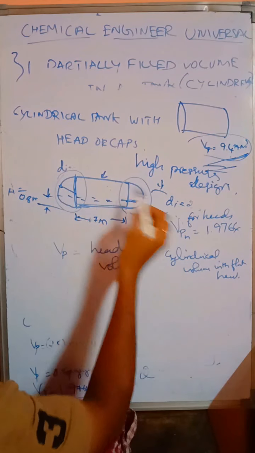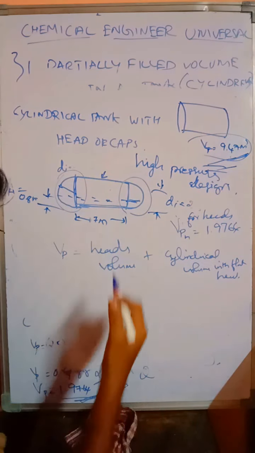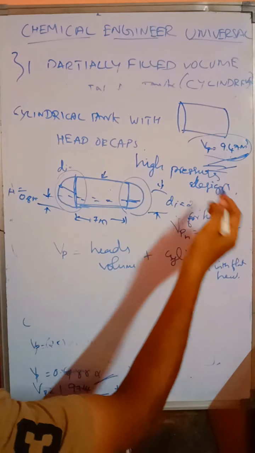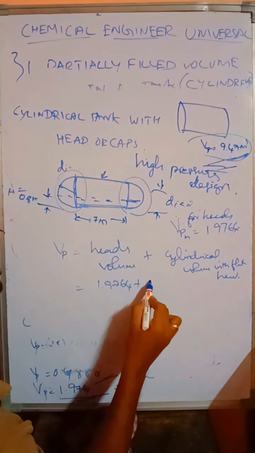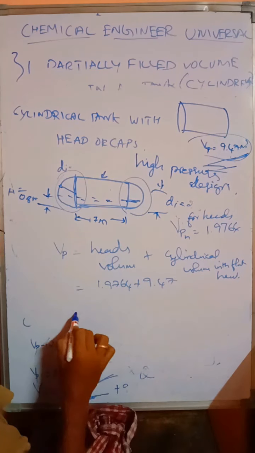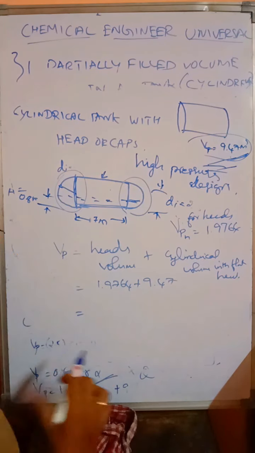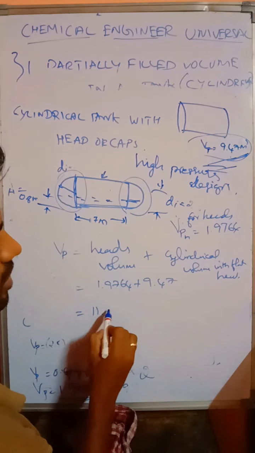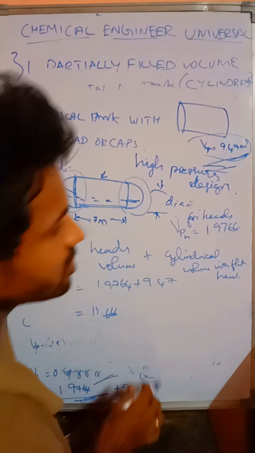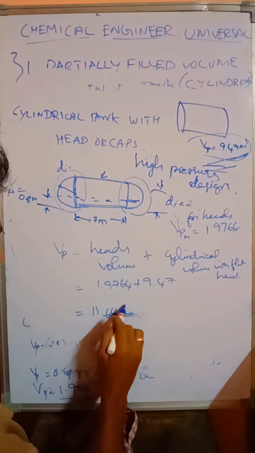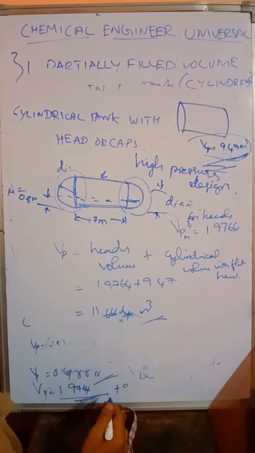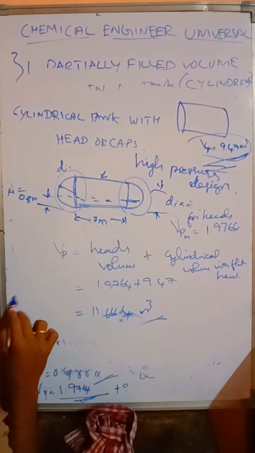This area we have calculated already, so we have to go through the same procedure, so we don't need to waste time. We take the previous value: 1.9764 plus 9.47. So it will be around 11.6664 meter cube. So this is the partially filled volume.